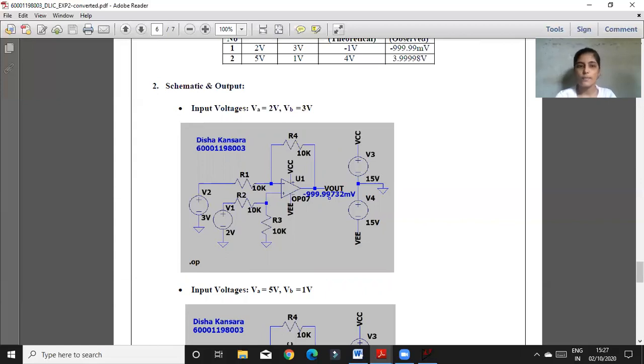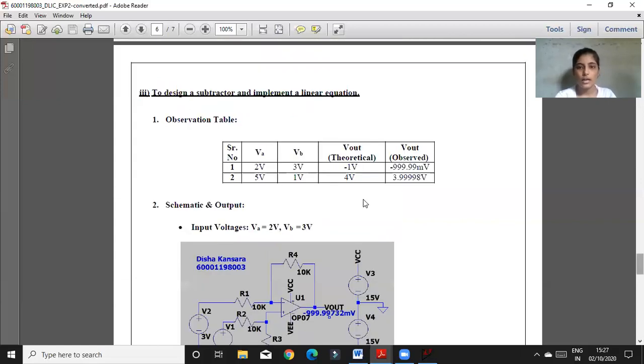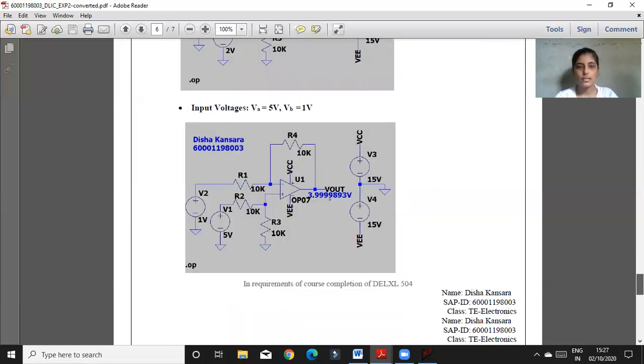So my first subtractor circuit is already made, and for the second one I gave the input VA as 5 volts and VB as 1 volt, with a theoretical calculation of 4 volts. So I already made this circuit also.